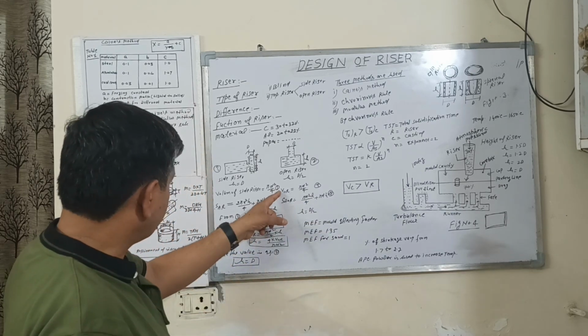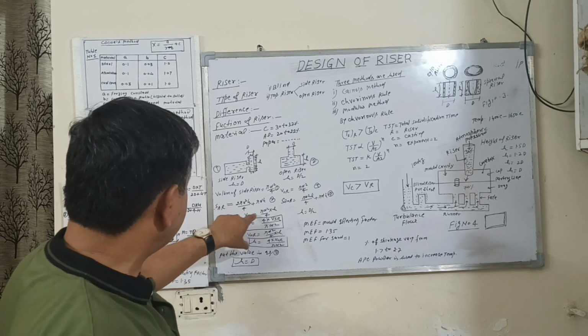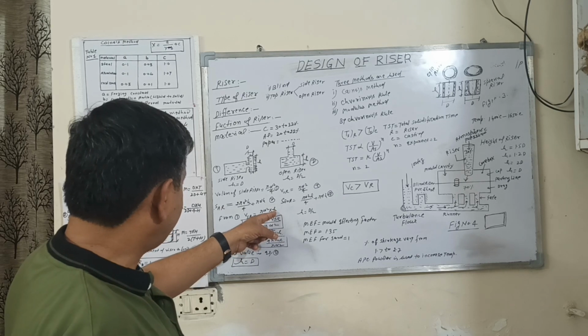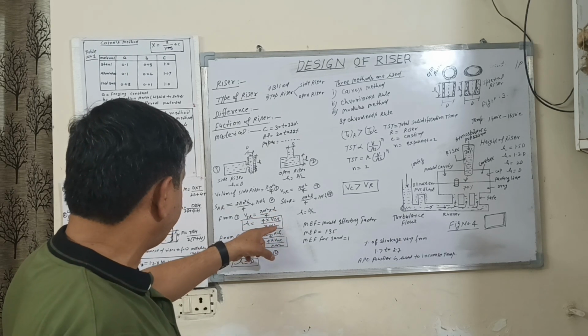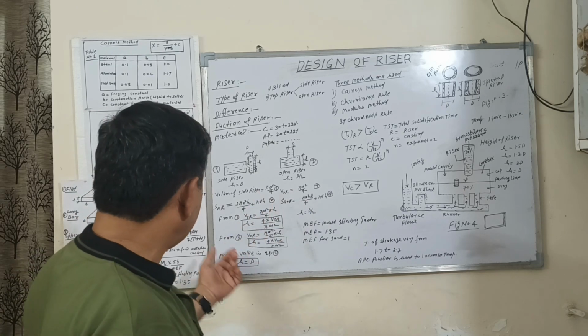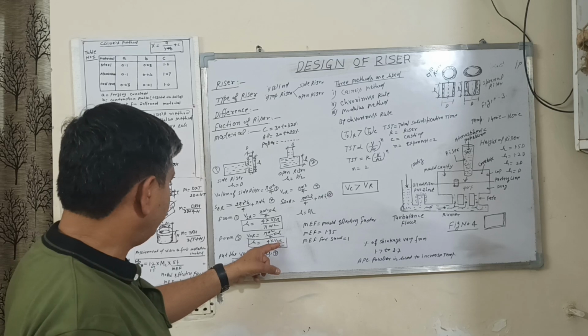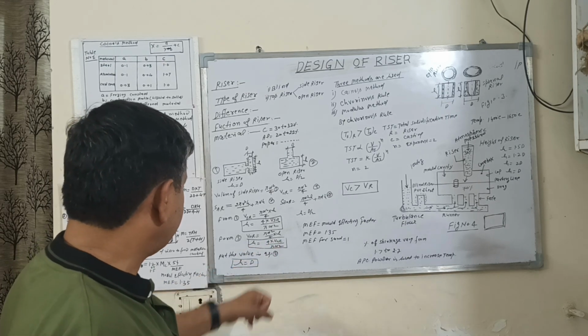From equation number 1, the volume of the side riser is equal to pi d square upon 4 h. So you can find h as 4 times the volume of the side riser divided by pi d square. Same thing here from equation number 3: h is equal to 4 times the volume of the open riser divided by pi d square.